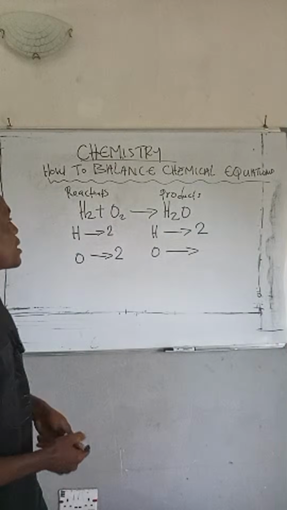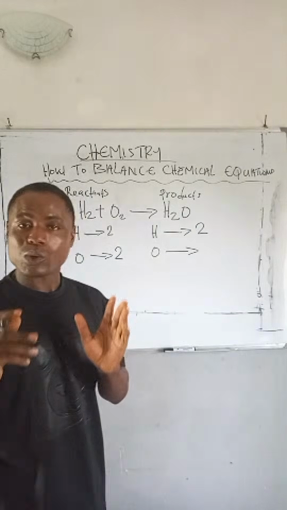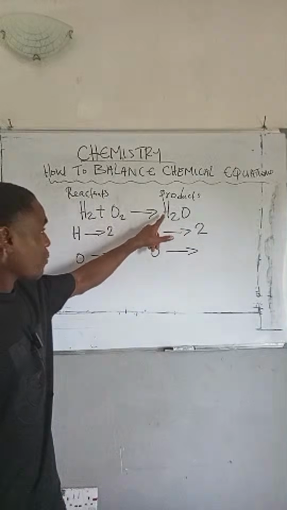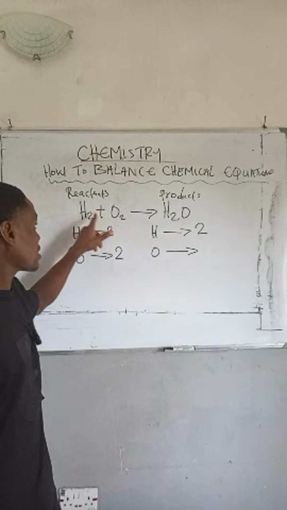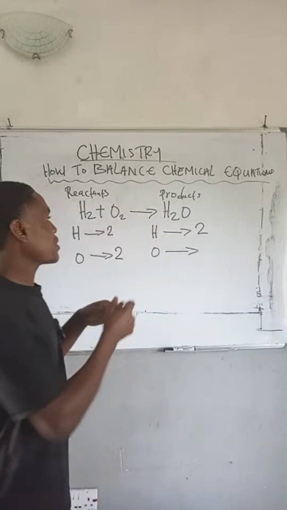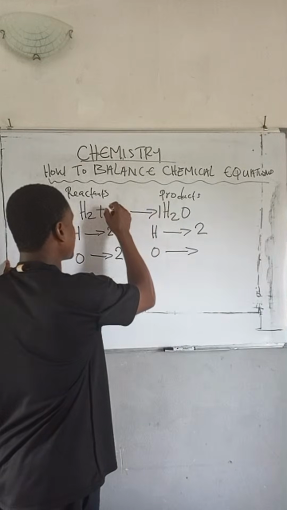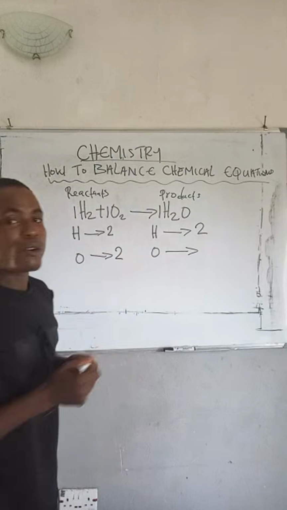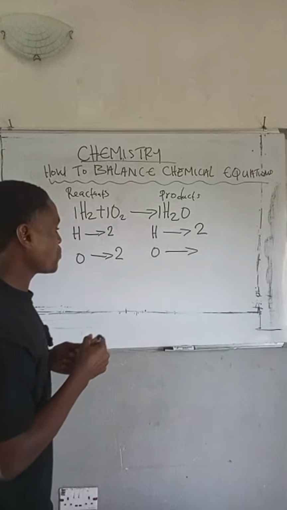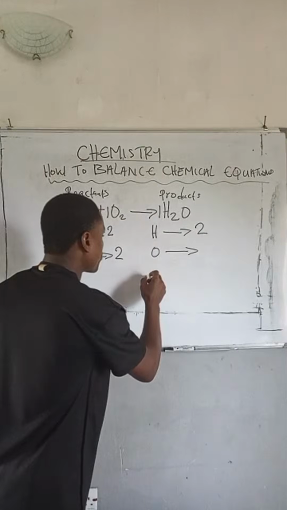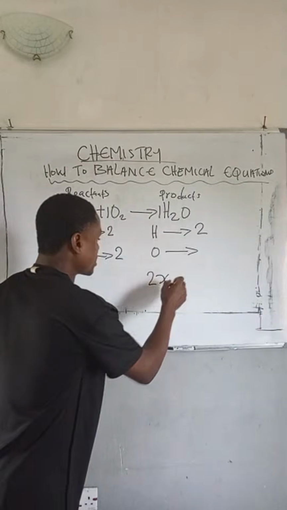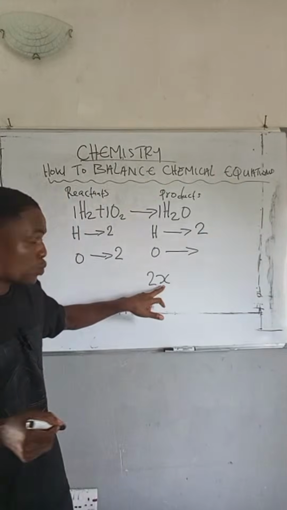So meaning that now, in any equation you come across, please take note. Whenever you notice that there is no number at the back, note that there is one here. There is one here, there is one here, there is one here. No need of writing one. That's why in mathematics, when we are solving, if the number is from 2 upward, before we can write, you notice that 2x is indicated with 2x, right?